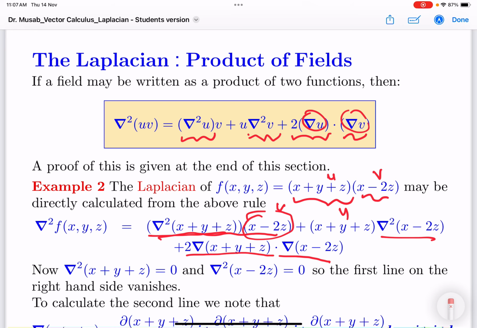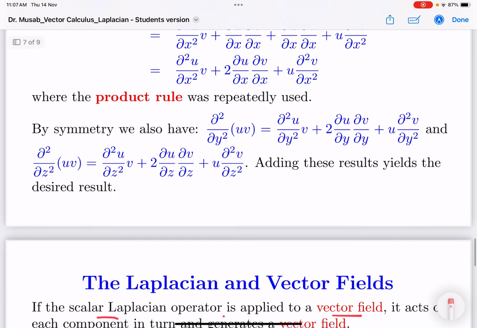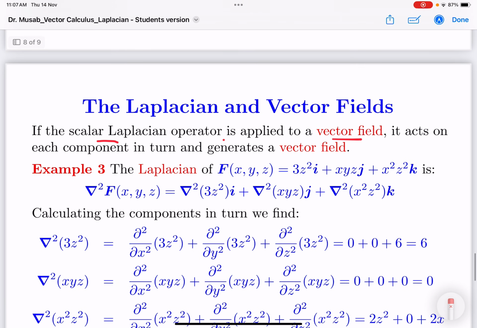But for this one, a scalar operator is applied to a vector field. For example, we have a Laplacian of a vector, which is given, with 3 components: I, j, and k.